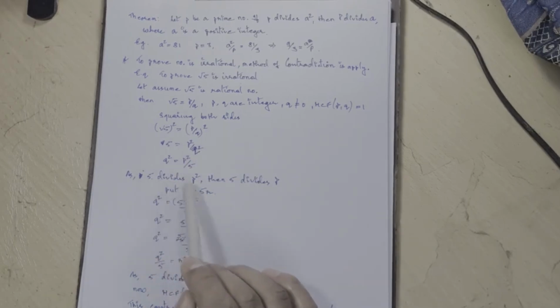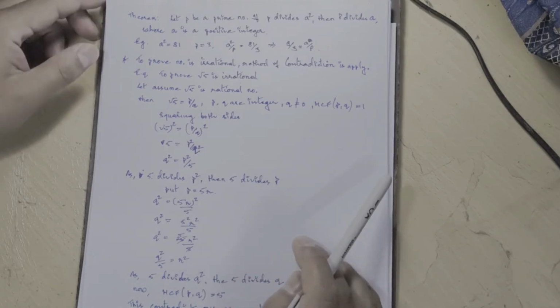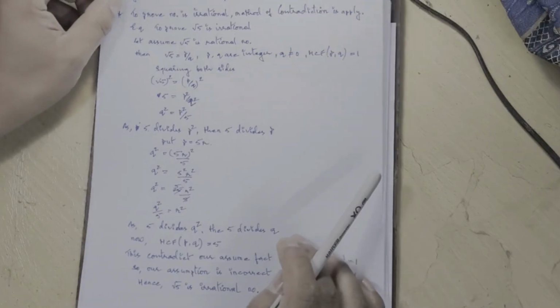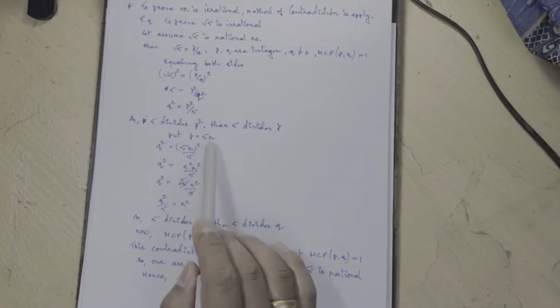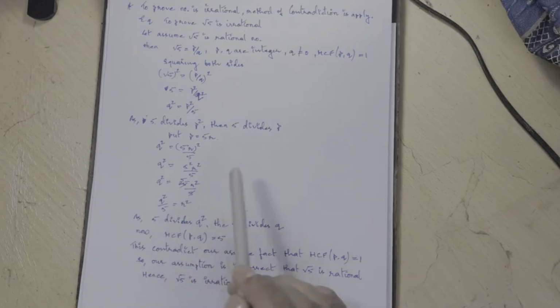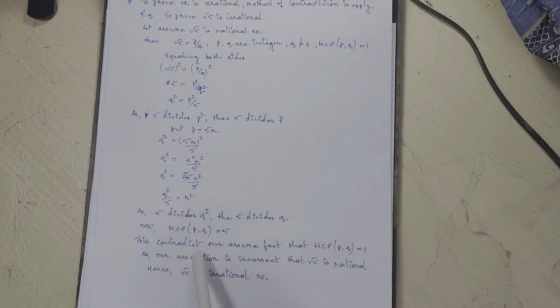Here 5 divides p square, that means 5 divides p by the theorem. Again, we put p equals 5r. Squaring, 5 square r square, 25 r square. Cancelling, we get q square equals 5 r square, so here also 5 divides q square, and 5 divides q. Now we arrive at a contradiction.